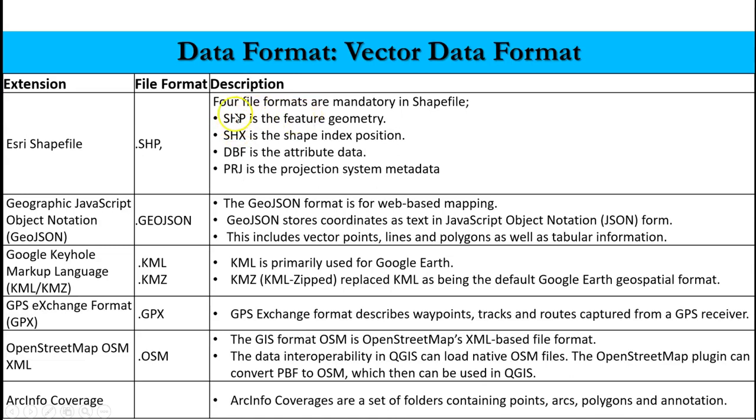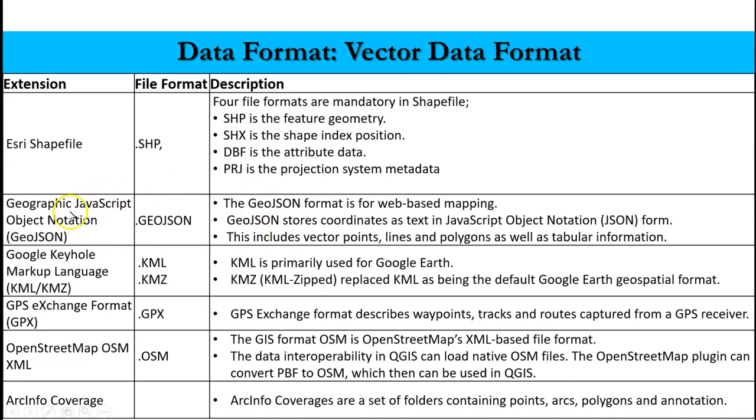So SHP is storing the geometry, meaning the drawing, whatever you are drawing. SHX is the index position actually. And DBF is a database. Whatever you are typing in the attribute table is stored in the DBF format. And PRJ means projection. If you don't have PRJ, then your data needs to be projected.